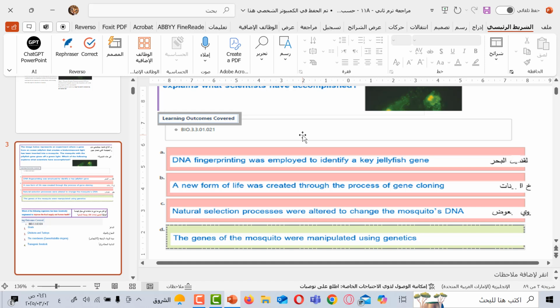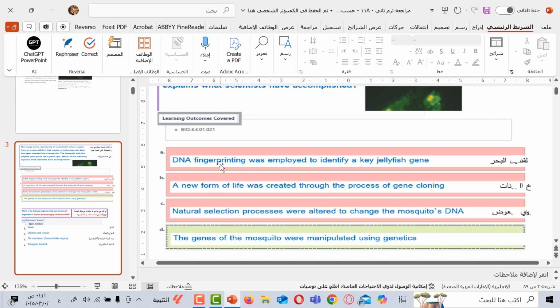Number 2, modify. Number 3, change. All of this is about modifying a DNA. The fourth word is using, to manipulate or using. So this is the correct answer.